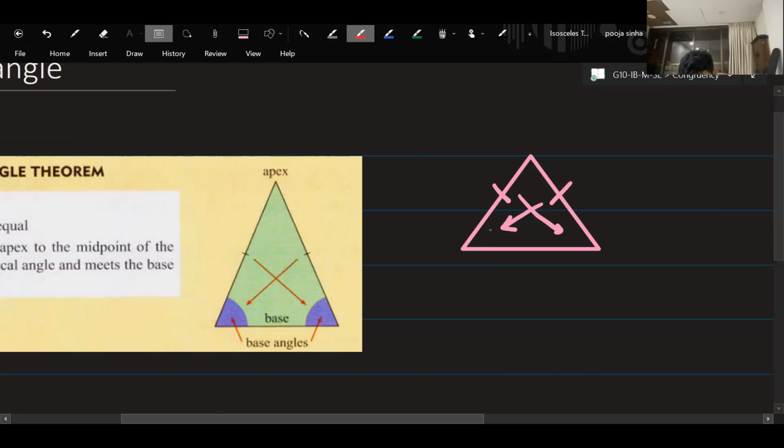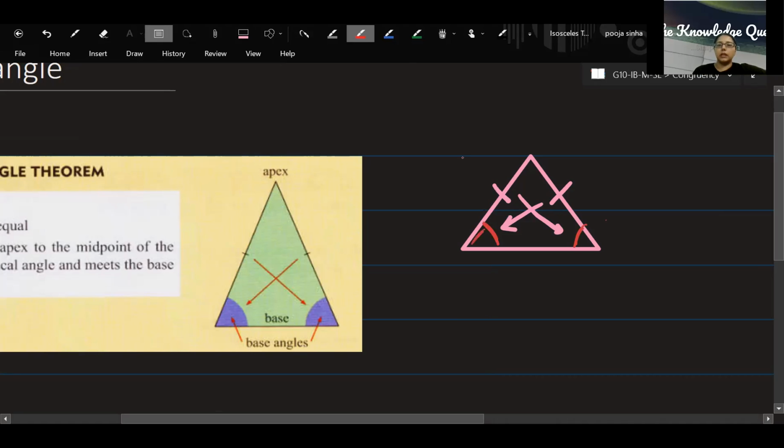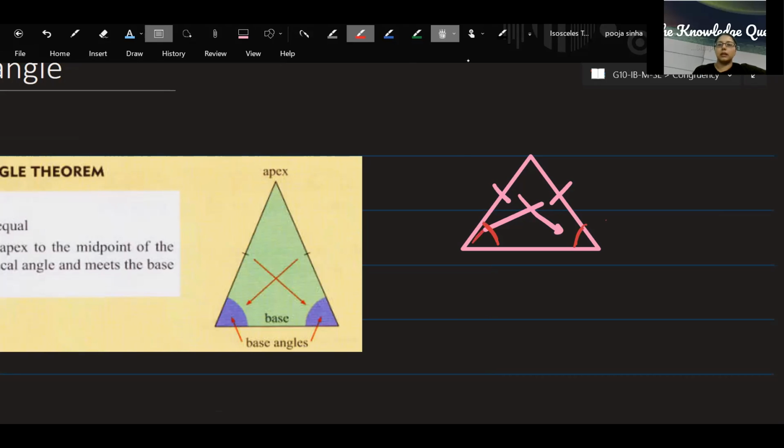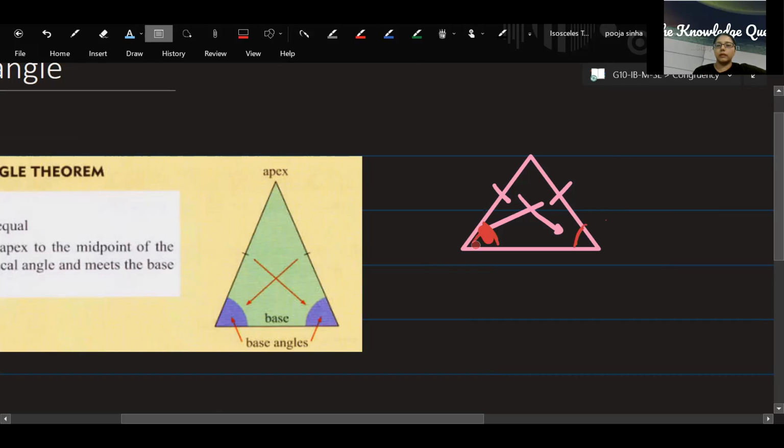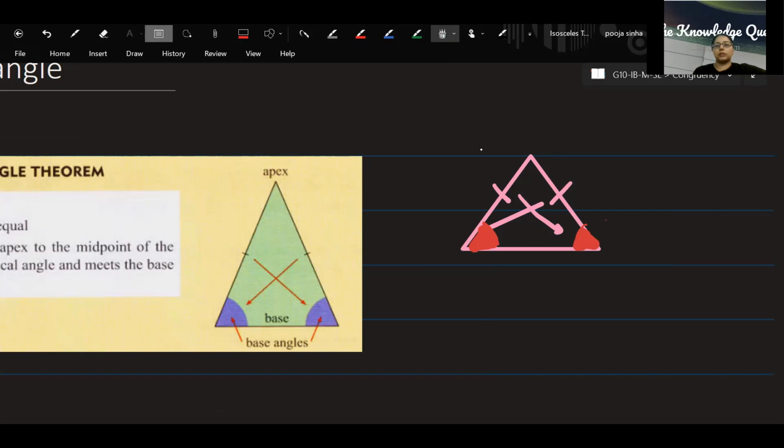This angle and this angle. Always remember that these two angles are going to be equal. This angle will be equal to this angle in an isosceles triangle. Now suppose somebody told me this is an isosceles triangle.